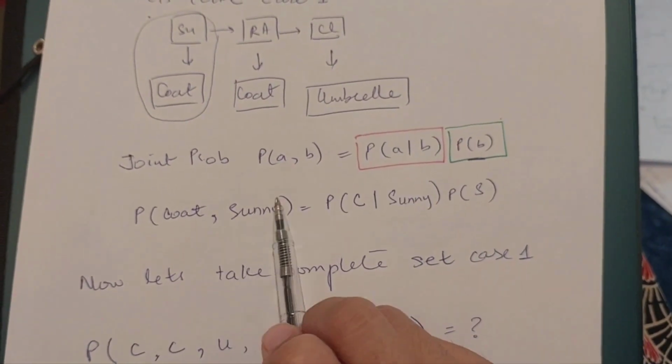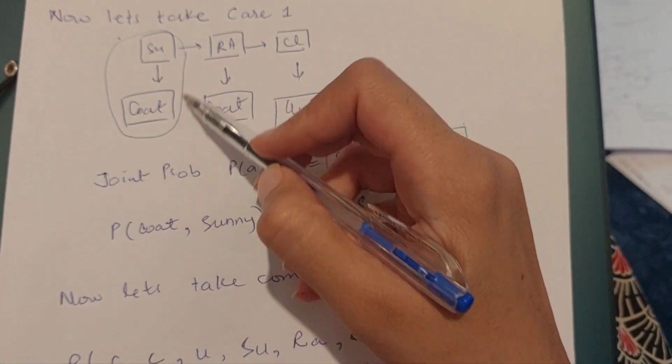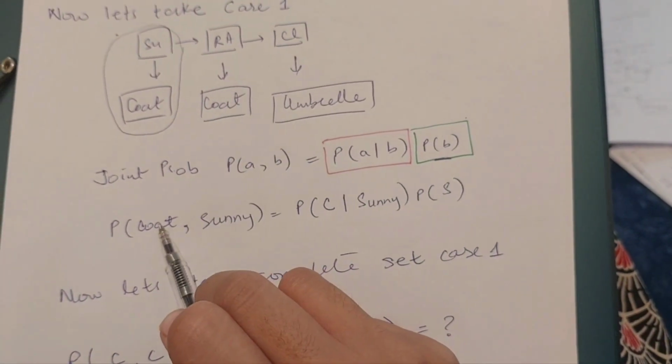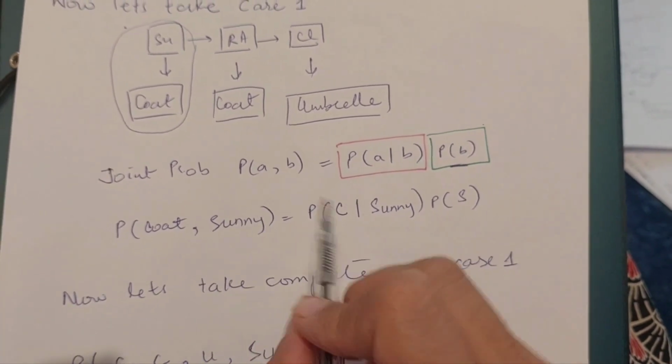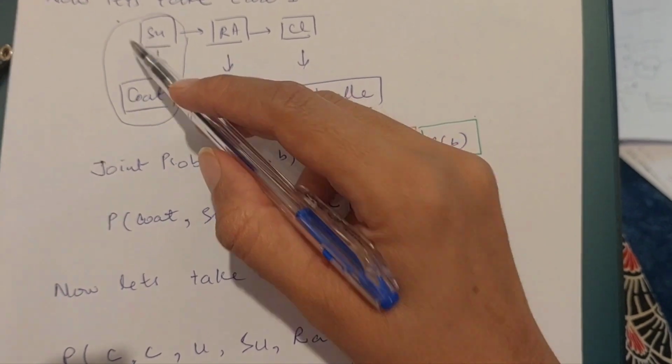This thing that I have written over here is just for this single string. The person is wearing a coat and sunny, it is just written for this first string. So now let's consider this complete case.